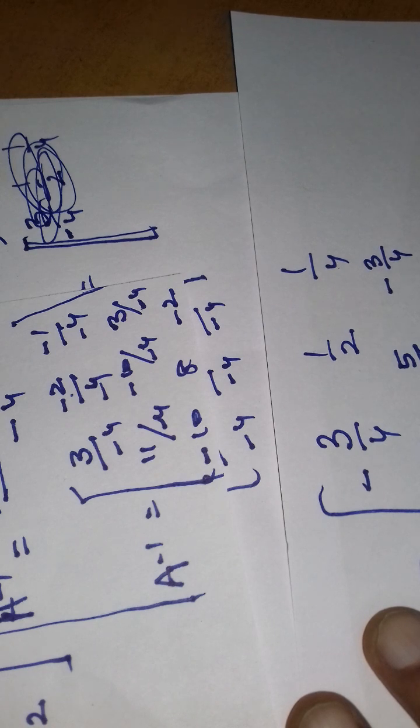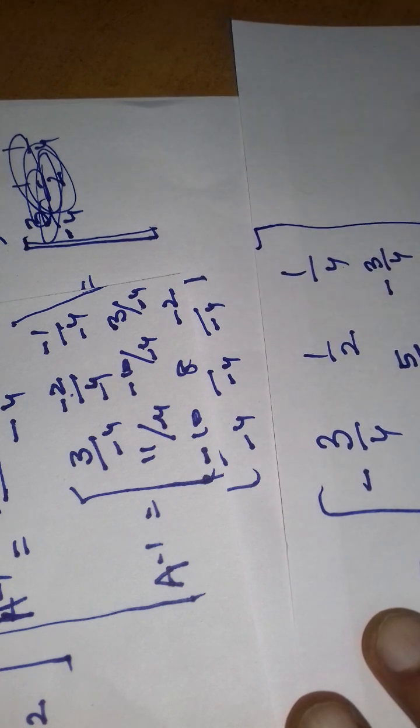Then 1 over 2, as minus 2 divided by minus 4 is 1 over 2. So this is the answer.